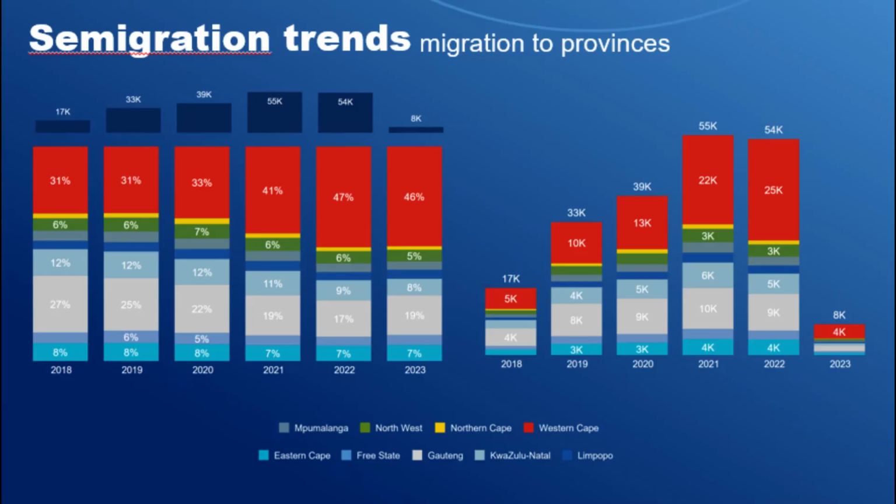I think we've tracked this for many, many years, and the data goes back quite a long time, which I'll not necessarily share today, but the numbers have always shown that there's movement within South Africa, and it's more or less going to where there's value growth in terms of real estate, but then also where there's a perceived good governance, if I can call it that way, where people are seeing the value in terms of their investments, but also in terms of life and lifestyle and living in general.